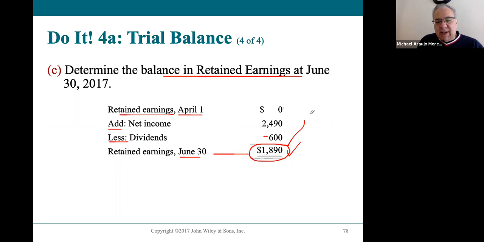So on the next statement, they would actually start with retained earnings of 1,890, add the profit, subtract the dividends, and get a new balance for that quarter. Okay. So whatever your retained earnings is at the end of one period, it's the beginning of the next period.